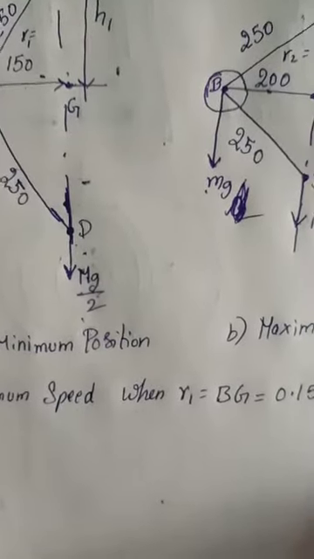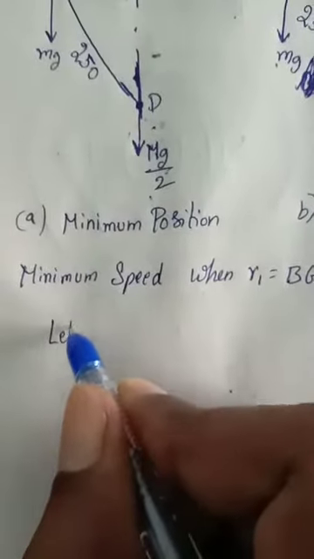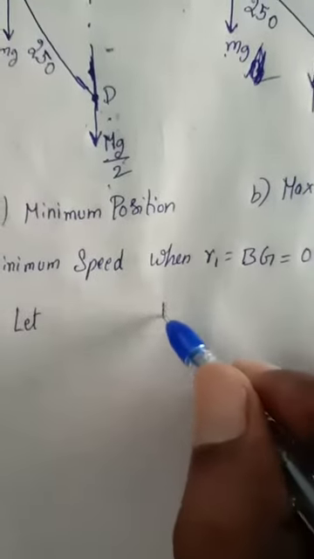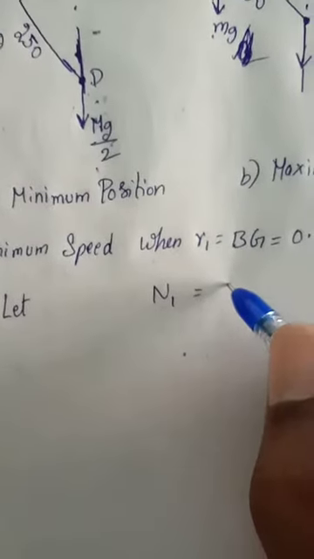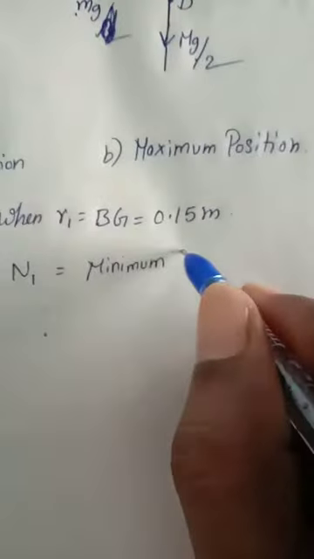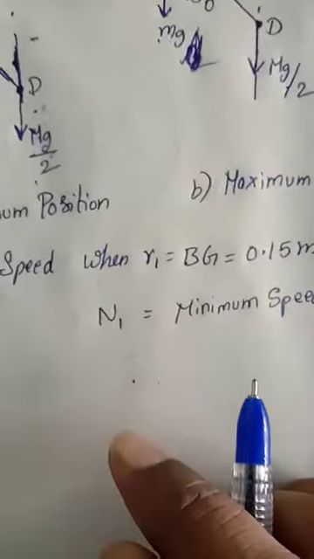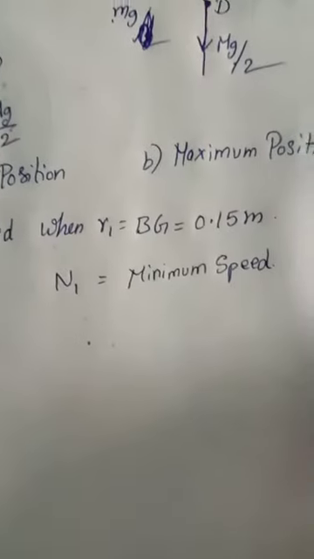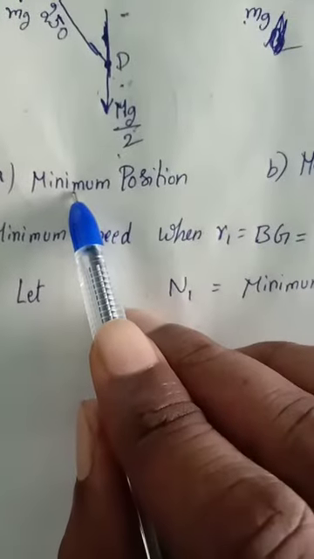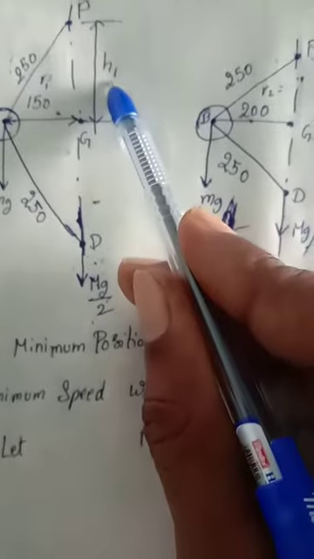Then let N1 be equal to the minimum speed. So from diagram A, for the minimum speed, we find the height h1.